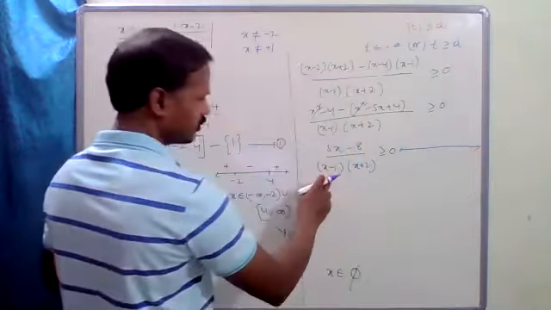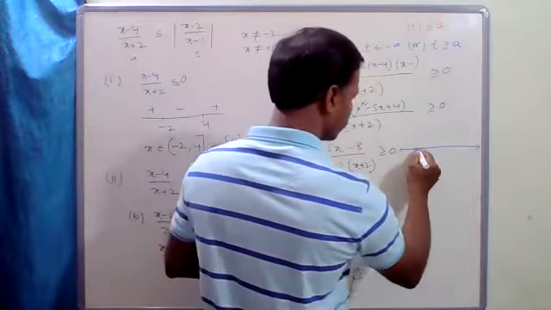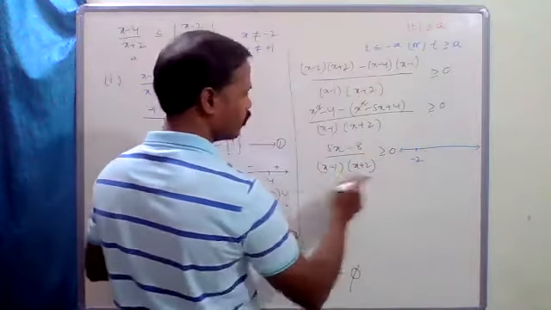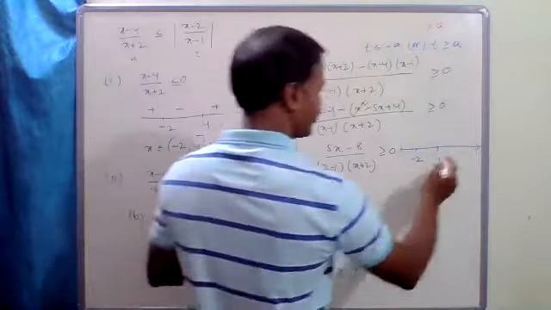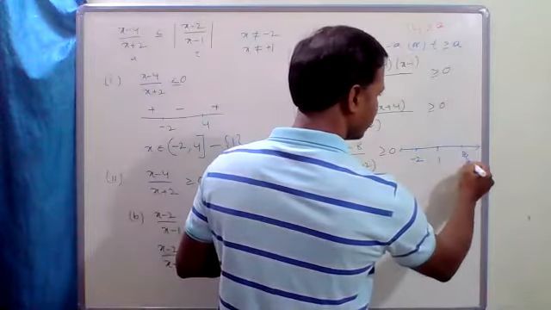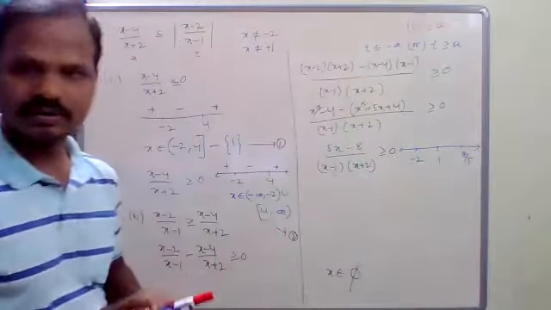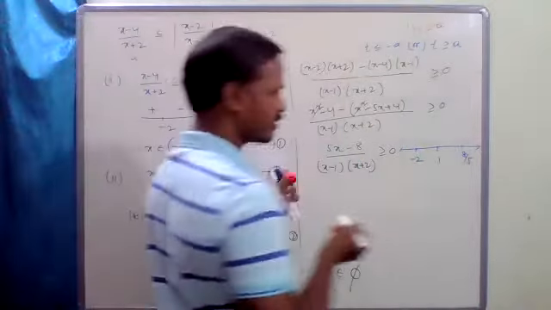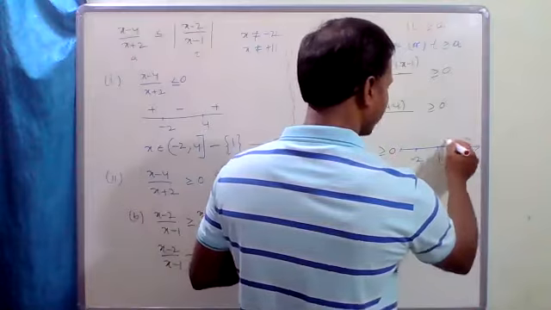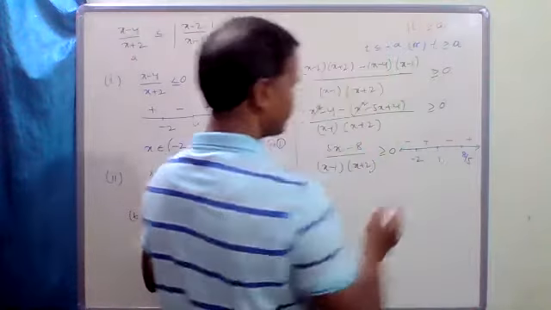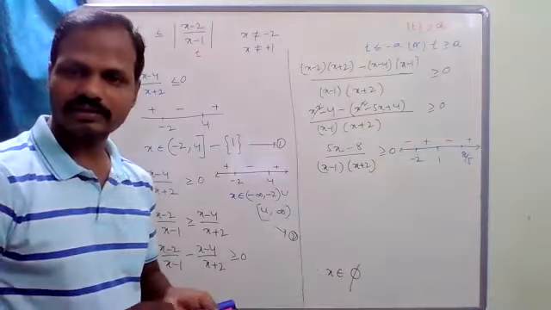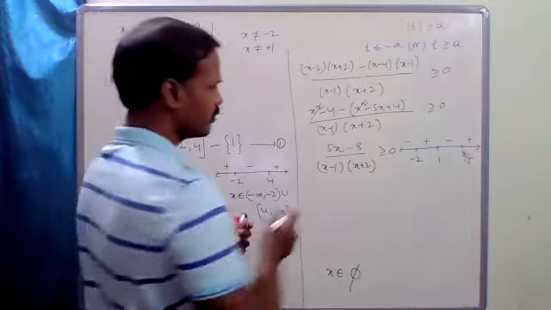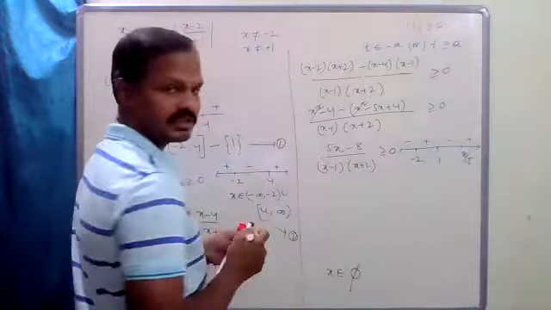Now what are the roots? Minus 2, 1, and next, this is 8 by 5. Okay, apply the wavy curve method. So plus, minus, plus, minus. Now we have to collect the values of x where this expression is positive.